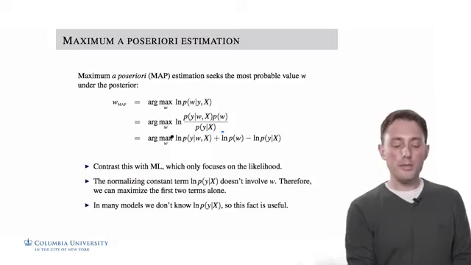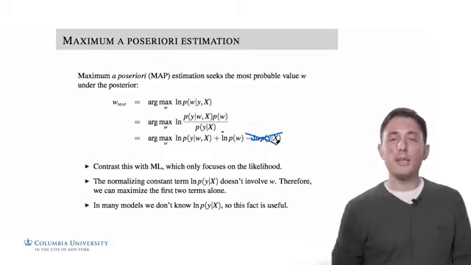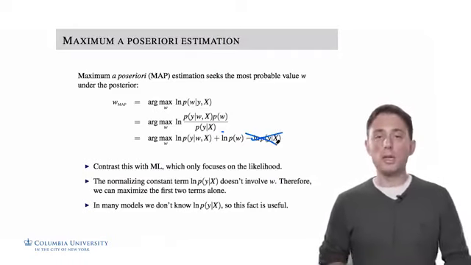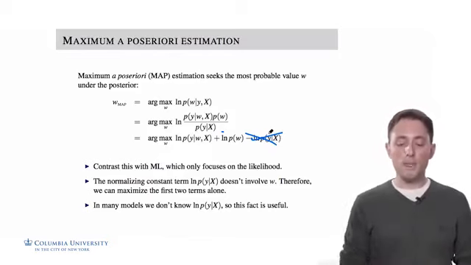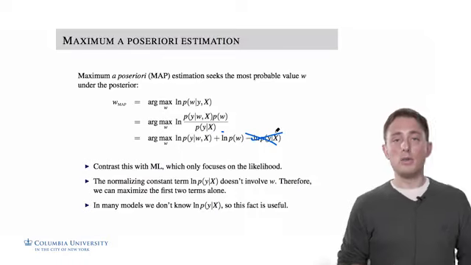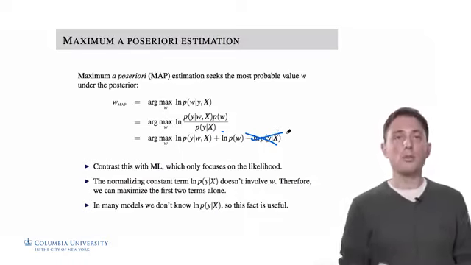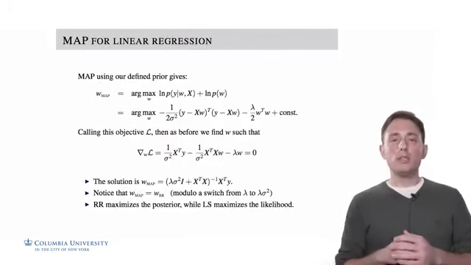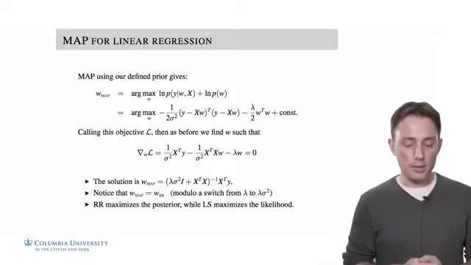Since we're not interested in the value of the maximum, only in the location of the vector w that maximizes it, meaning the argmax, we can eliminate this term. We don't even need to look at what this term is, which is useful because we don't have to calculate this integral. And in many models, that helps solve a problem where we actually can't calculate this integral in closed form.